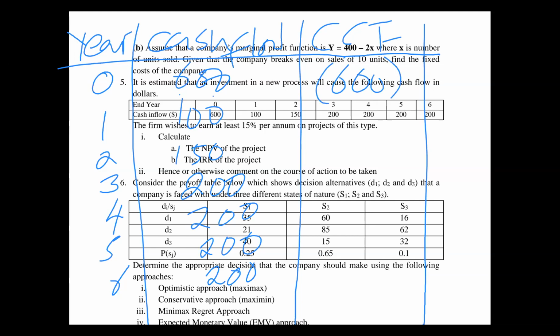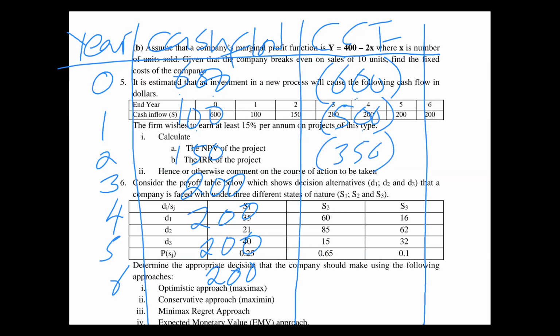You say negative 600 plus 100. What do you get? You're accumulating. Negative 600 plus 100, what do you get? Negative 500, isn't it? Yes, negative 500. Negative 500 plus 150, which is negative 350.